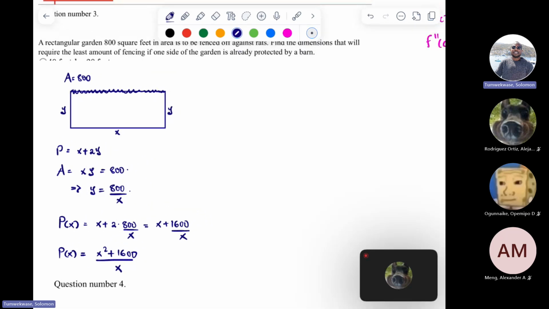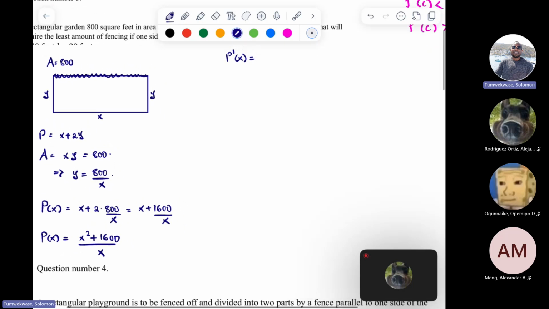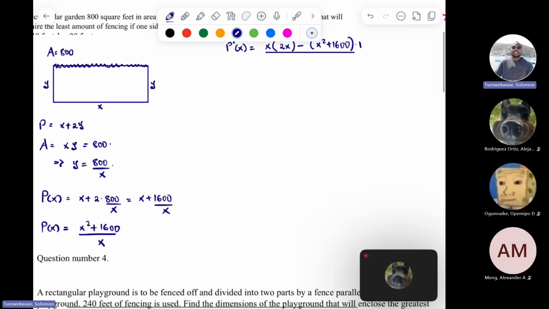Okay, so we want to find the derivative of this function, and this derivative is by quotient rule, x times 2x minus x squared plus 1600 times 1 over the denominator squared, which is x squared.